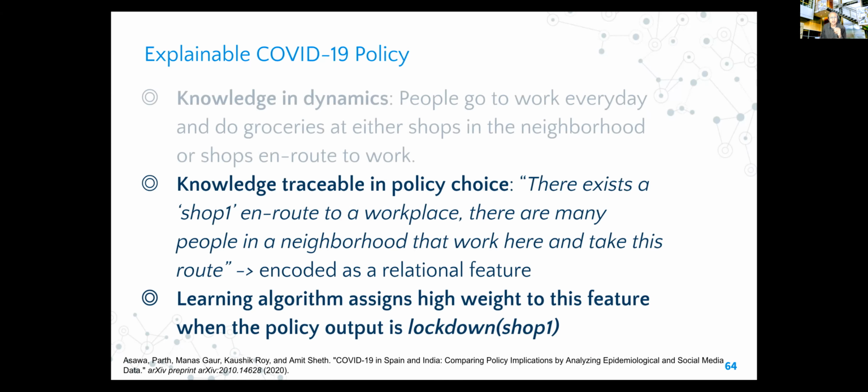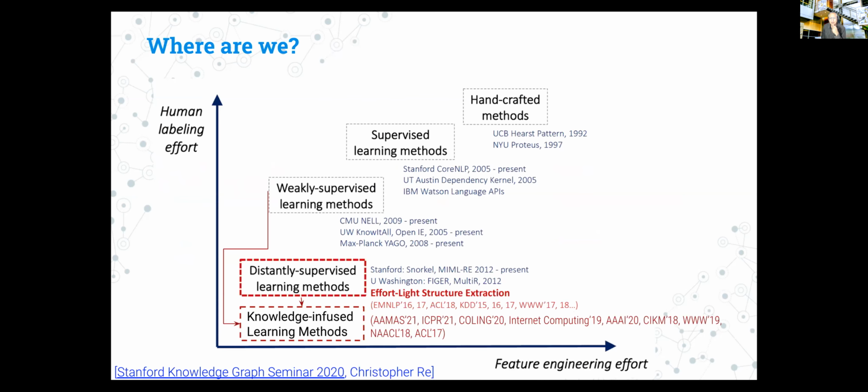The point here is that in the past we have survived with a growing amount of human labeling effort, and through feature engineering, and whether using deep learning to do that. But now we are trying to take that towards this area where with knowledge infused learning you have to do much less of this human involvement. You can use the existing knowledge and so on and so forth.